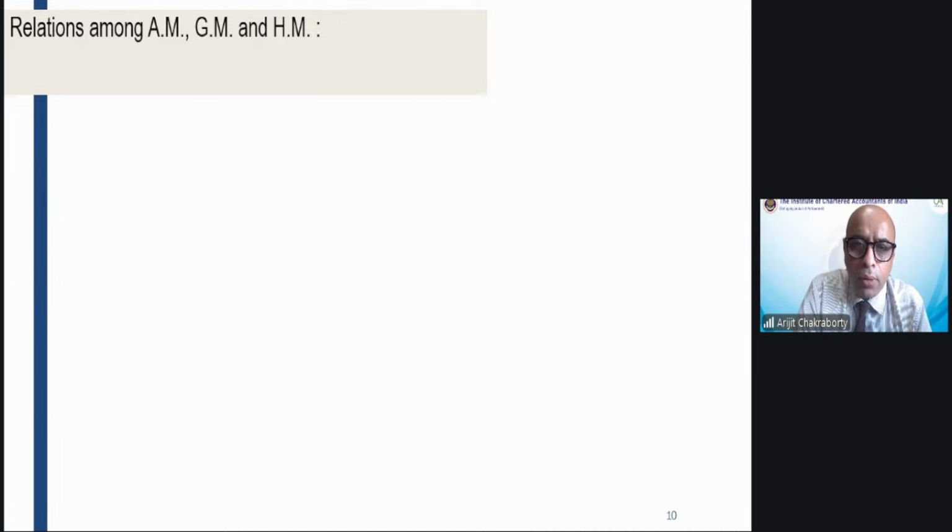All three of these means, AM, GM, and HM, are important examples of average. From the overall conceptual framework, even GM gives us some sort of average. Median gives us a positional average.